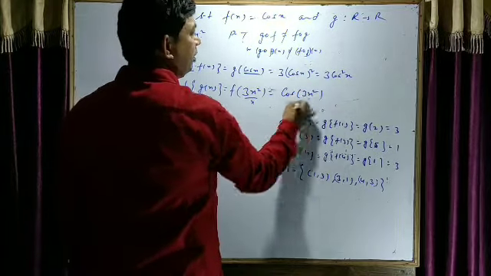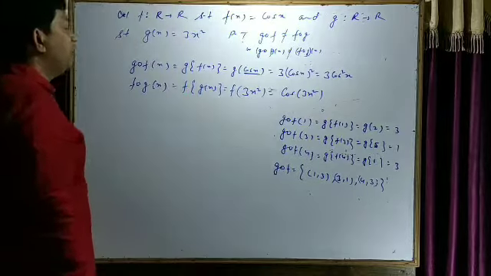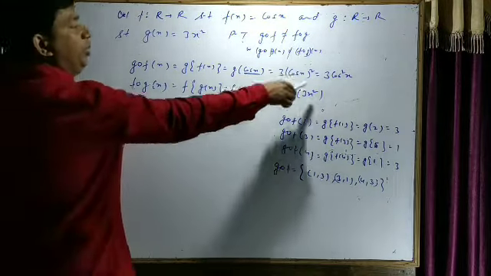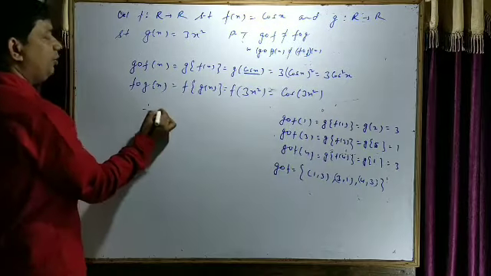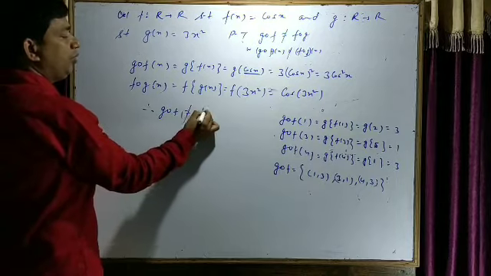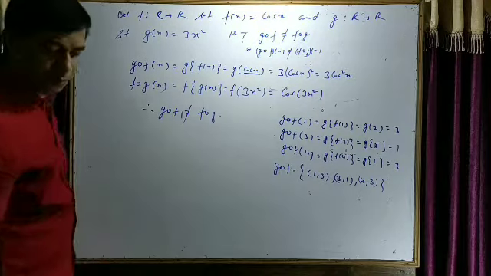So here gof of x and fog of x have different values. Therefore gof is not equal to fog.